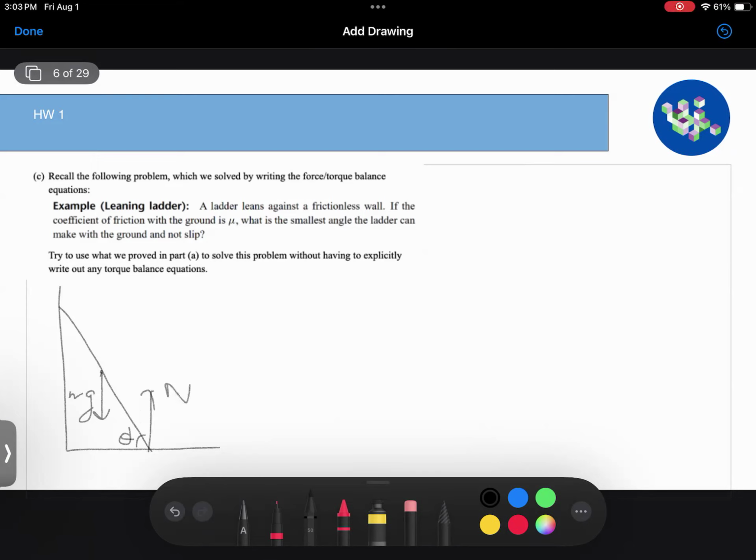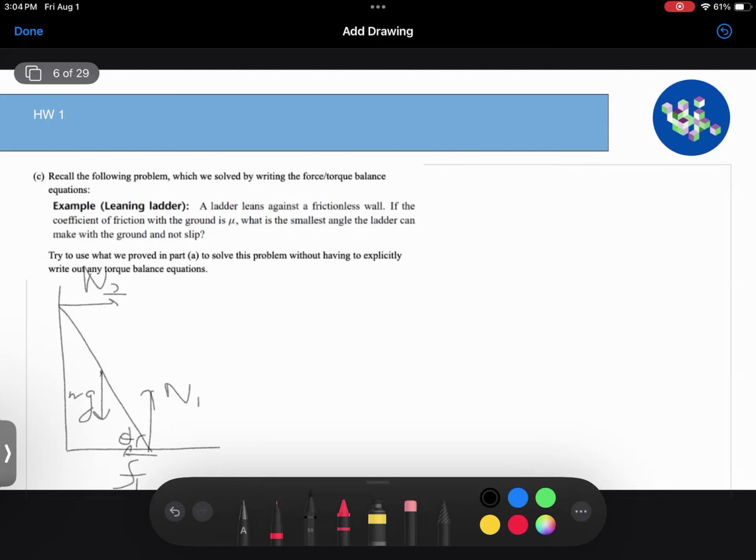Let's say this is normal force N1, and we'll also have a normal force N2, and then the friction force. Because the ladder wants to slip down, the friction force points this way, F1. It will take on the maximum amount of friction when theta is at the minimum, because that's when the ladder wants to slip the most.